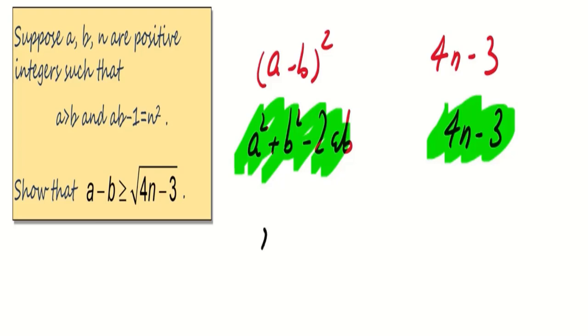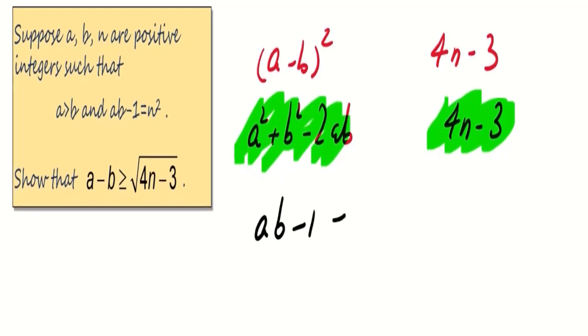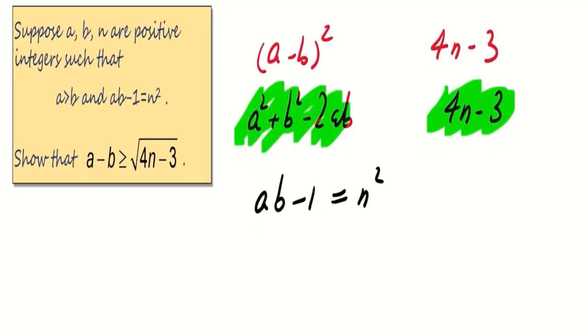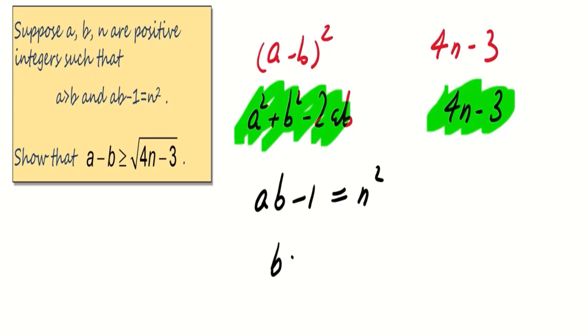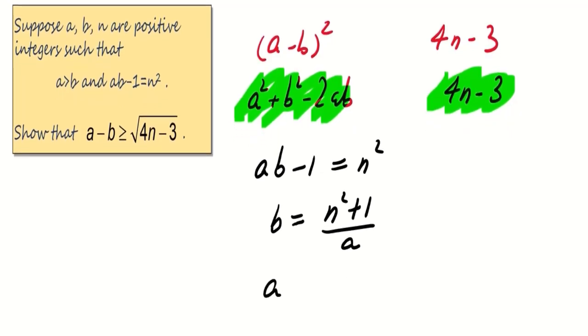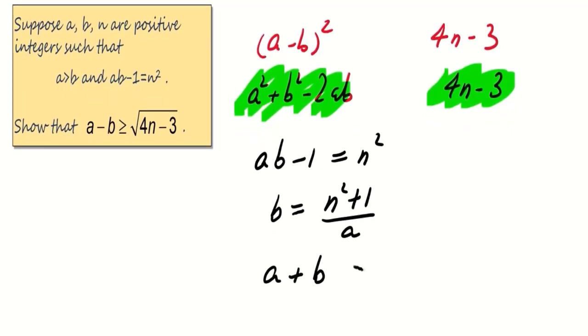From the relation ab minus 1 equals n squared, we have b equals n squared plus 1 over a. And this will mean that a plus b will be greater than or equal to 2 square root of ab using AM-GM inequality.